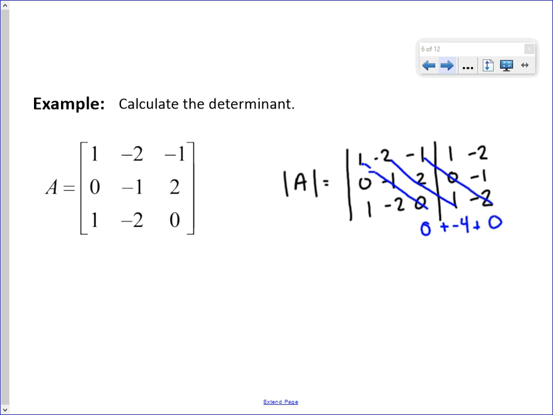And then I do the same thing going up. 1 times -1 times -1 is 1. Plus -2 times 2 times 1 is -4. Plus 0. This stuff that you do, like if you show me what your diagonals are multiplying out to be, that's going to be a lifesaver on your quiz and test in terms of showing your work and getting partial points, right?